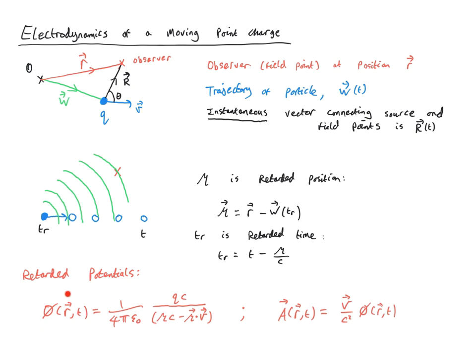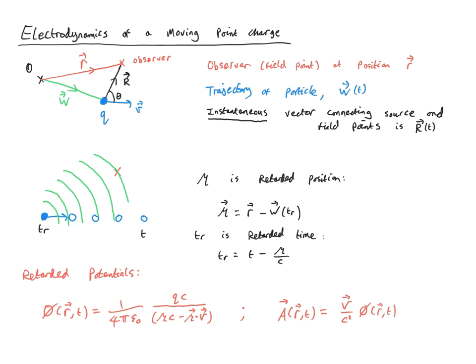First of all, this is the scalar potential evaluated at an observer position or a field point r at a given instant in time t. It is related to this retarded position, which is this script r here, which is defined in this way that we were just discussing. And this v vector here is the velocity of the particle.